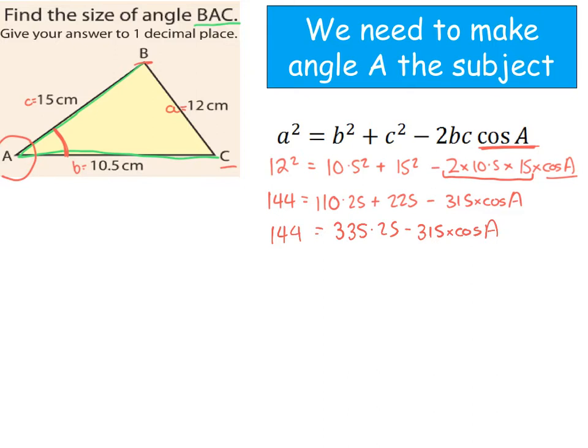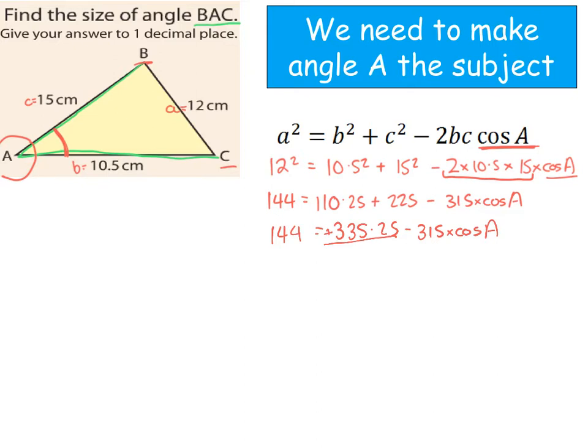So the way that you would solve this is to see that, well, this is positive here, so you've got 335.25, and then you're subtracting 315 times cos of A. So you could subtract 335.25 from both sides.